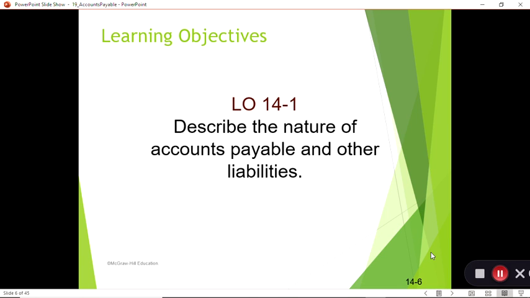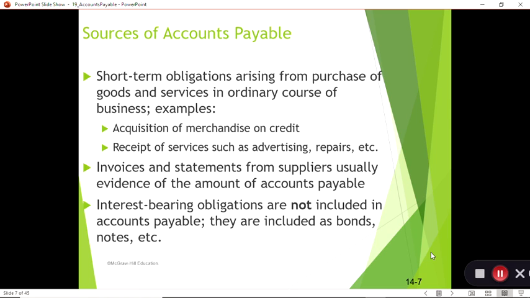First one really is about the nature of accounts payable and of the liabilities. This is something you already know. These are short-term debts, usually arising from purchasing goods and services. So you're acquiring inventory either to use in a manufacturing process or to resell, or you're acquiring some services that you need as well that could also be part of the accounts payable process.